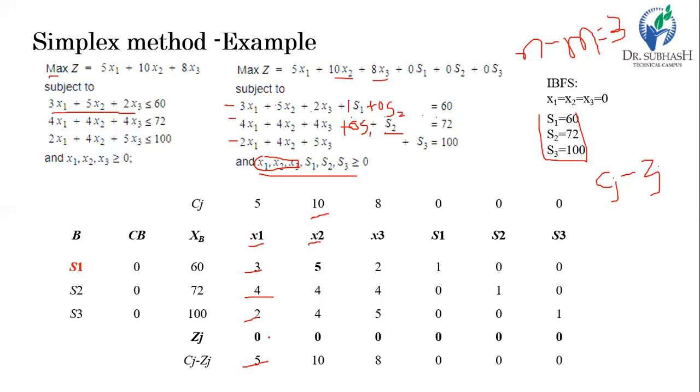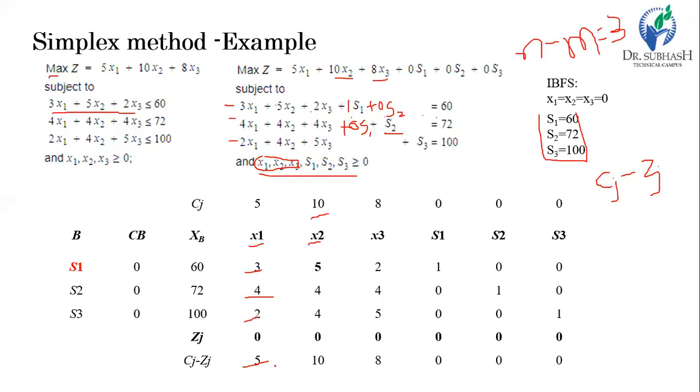Anyone can solve the problem, and anyone can calculate this very easily with some practice. But the important thing is to understand the practical meaning of this. Cj minus Zj indicates the net effect on the objective function. Cj is the incoming profit, Zj is the outgoing profit, or in other terms the expense.